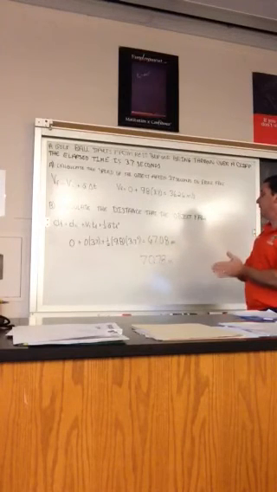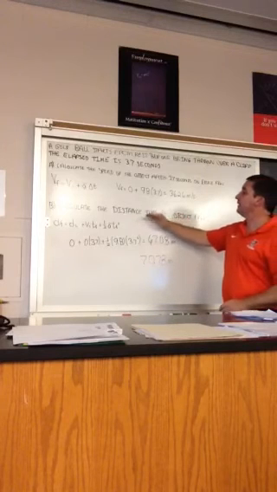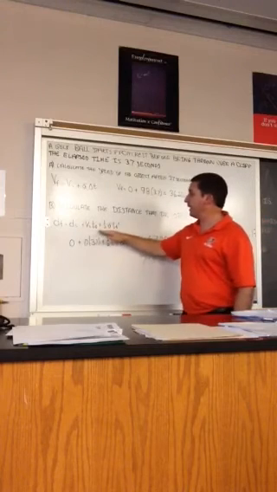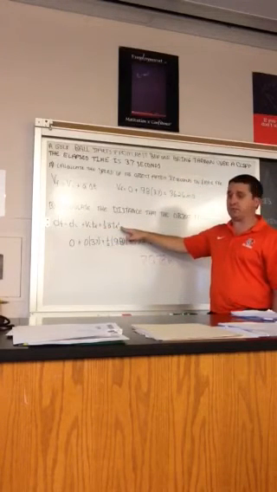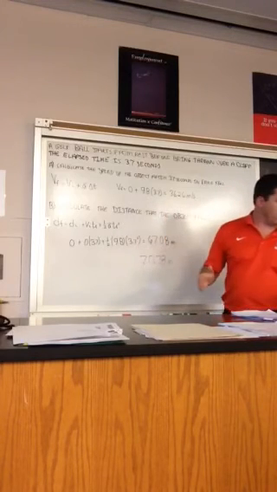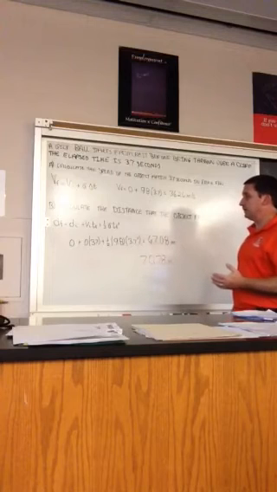Now, for part B, you want to calculate the distance that the object falls. Here's the formula. Again, this is the same formula for position with average acceleration. Keeping in mind now, we're talking about things falling. So we're accounting for gravity.